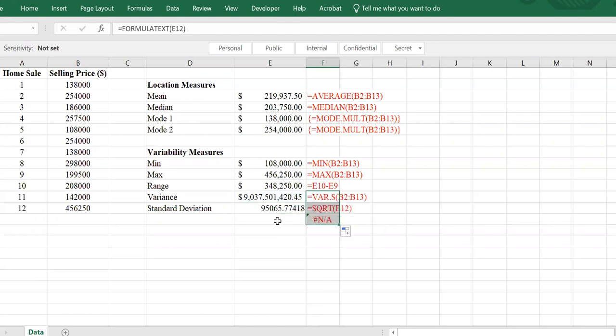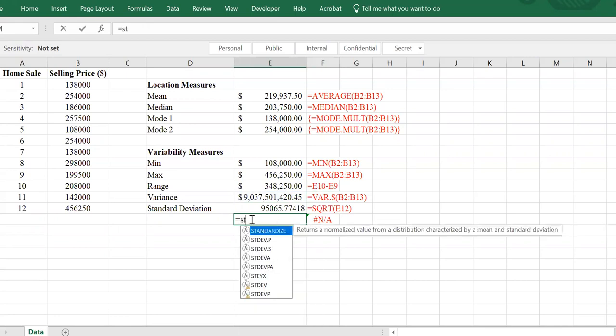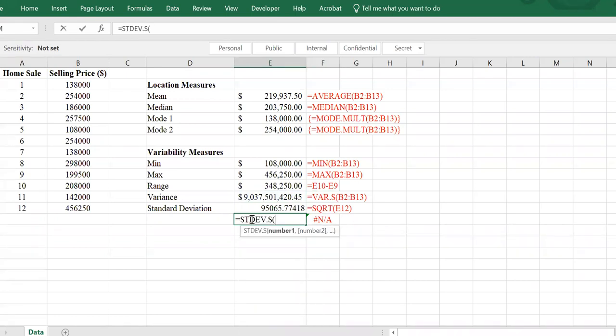Or you may want to use, I would recommend this one actually, STDEV.S. Again, STDEV, finding the standard deviation. We have two functions, population and sample. We're going to use sample and the data points. All right, that's going to give us the standard deviation.